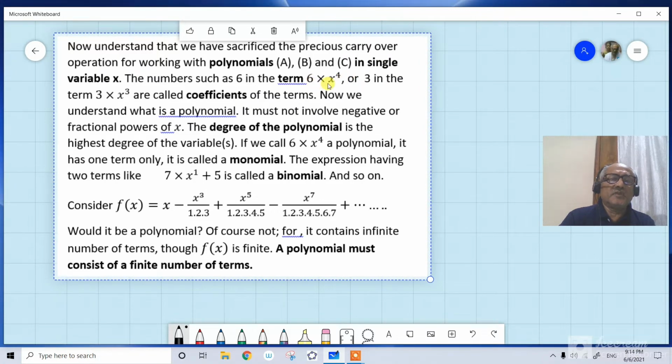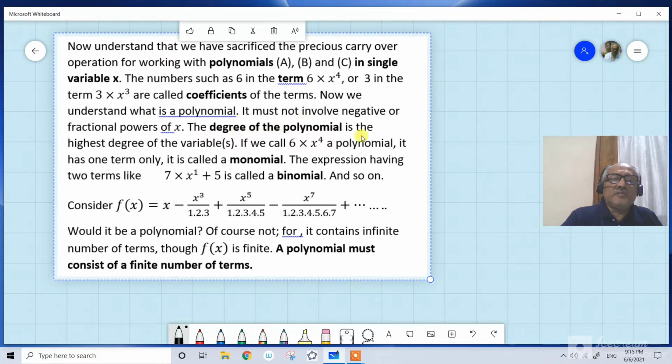If a polynomial is going to have this term only and no other term, we call it monomial. And this 6 is called coefficient of x to the power 4. The 3 is called coefficient of x to the power 3. So you understand what is a polynomial.